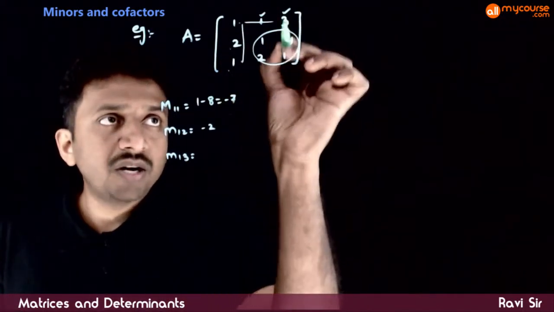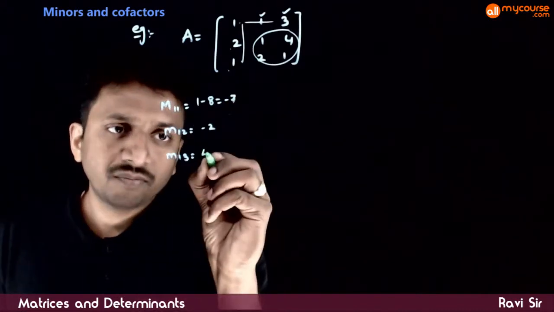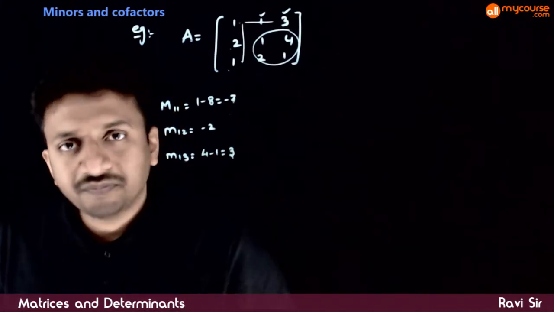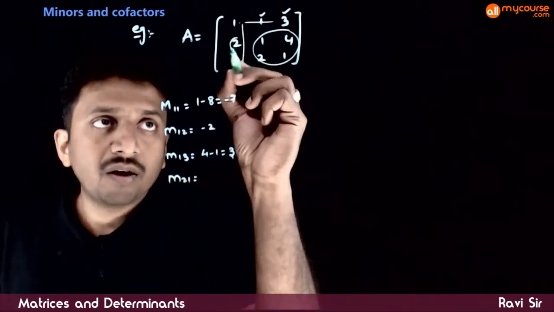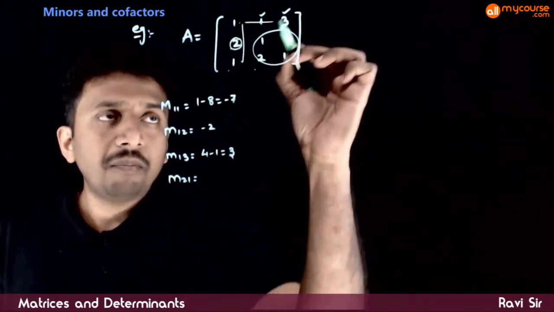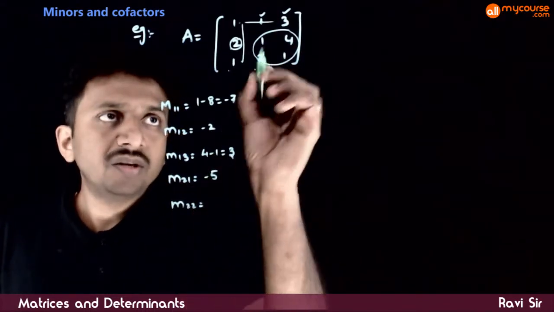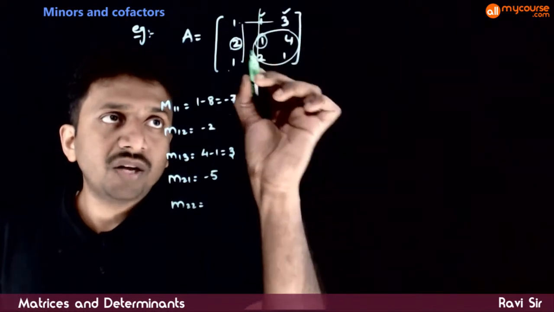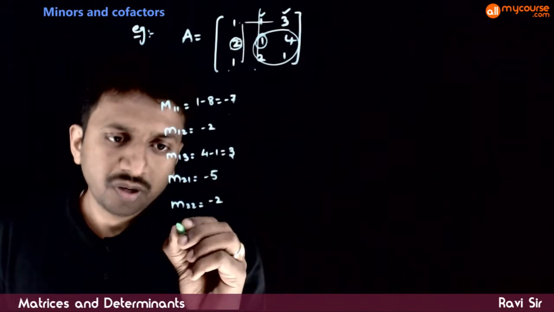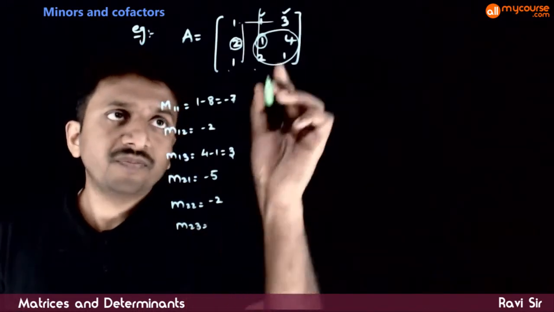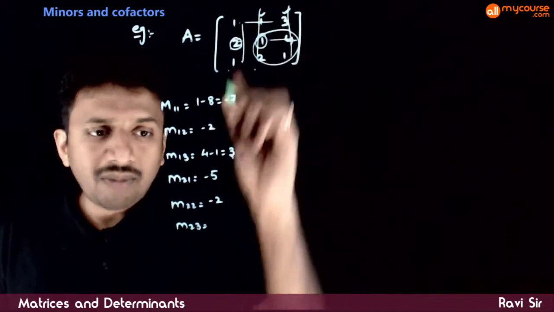If you remove the corresponding row and the corresponding column, you get 4 minus 1, which is equal to 3. Next, M21 of this element. 1 minus 6 is minus 5. What is M22? Corresponding to this element, you remove the row and the column, you get 1 minus 3, which is minus 2. What is M23? You remove this and this, 2 minus 1 is 1.